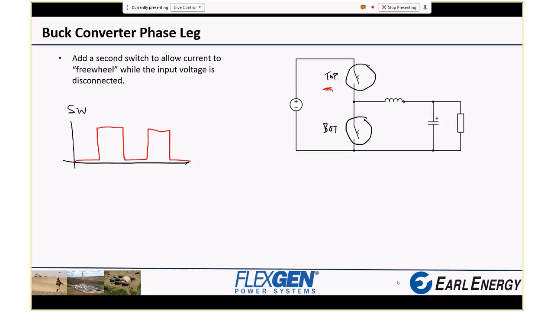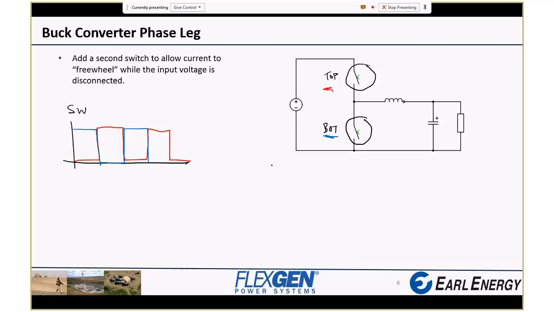The bottom switch, all it needs to do is be on when the top switch is off to allow current to flow in the inductor. So the two switch signals end up complementary of each other. They're exactly opposite. When the top switch is on, the bottom switch is off. When the bottom switch is on, the top switch is off.